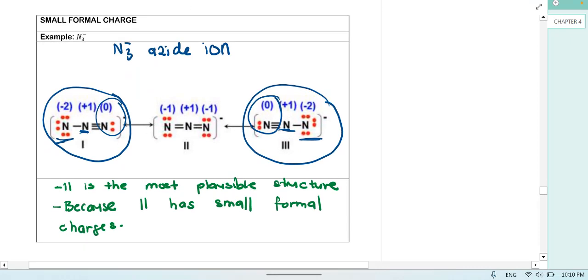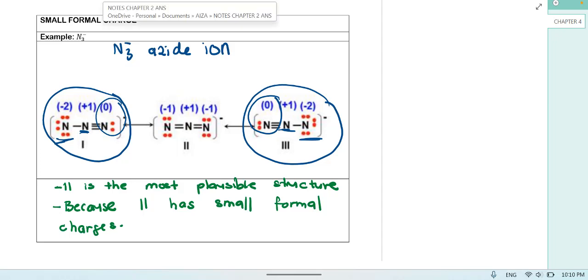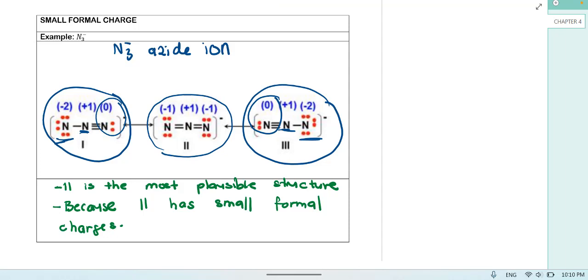Why is structure number 2 the most plausible structure? Because structure number 2 has small formal charges on the nitrogen atoms. It doesn't have negative 2. So that's why we choose structure number 2. Bear in mind, the most plausible structure is only one structure.